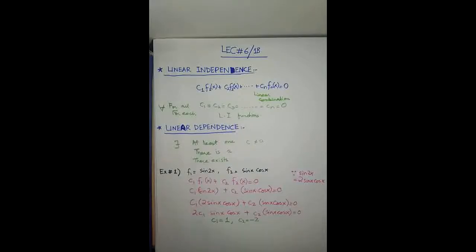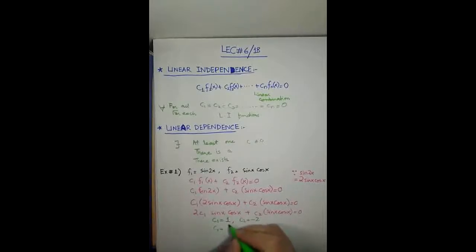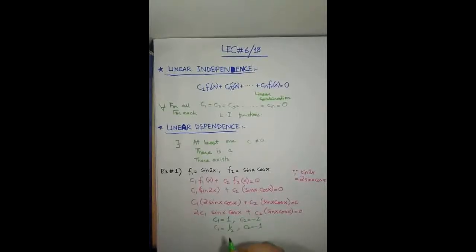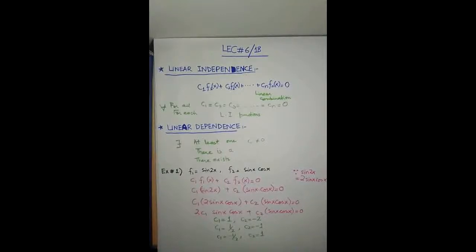If I take c1 as 1 by 2 to make it 1 and c2 is minus 1, that also makes it 0. And I can also take c1 as minus 1 by 2 and c2 equals 1. That also makes the combination 0. So there are several values that make this combination equal to 0.